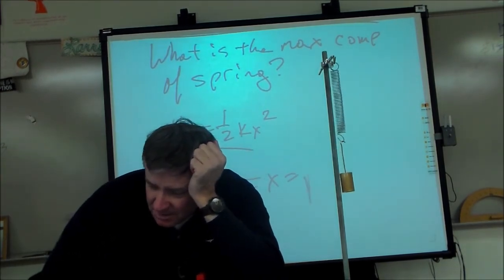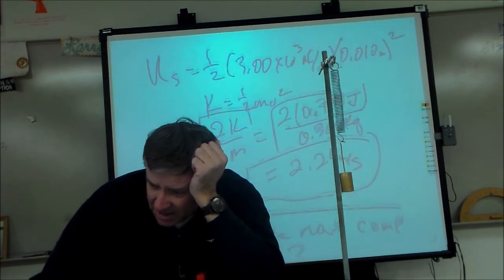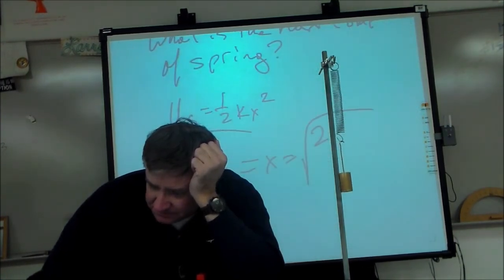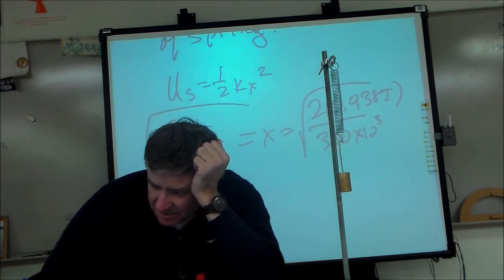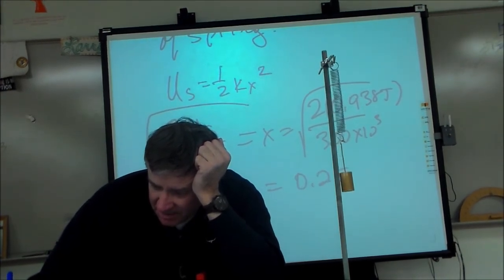So somebody take 2 times, what was it, 0.938, divided by 3.00 times 10 to the third. What do you get? 0.025 meters.